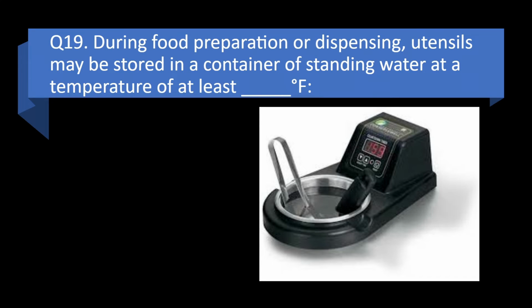During food preparation or dispensing, utensils may be stored in a container of standing water at a temperature of at least blank degrees Fahrenheit. 125 degrees Fahrenheit, 135 degrees Fahrenheit, 145 degrees Fahrenheit, or 165 degrees Fahrenheit. B. 135 degrees Fahrenheit.